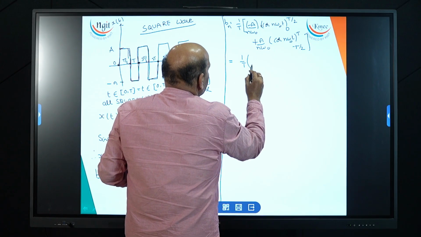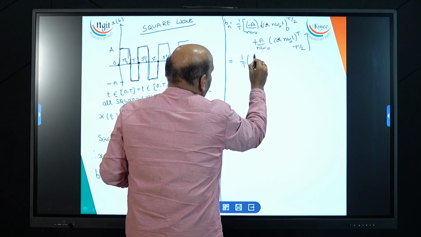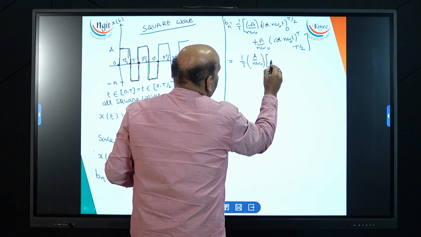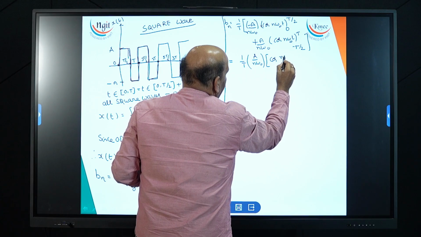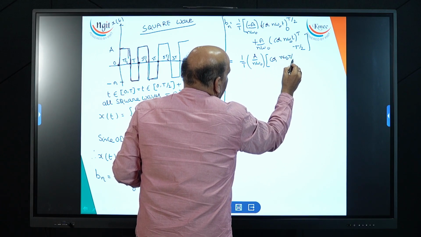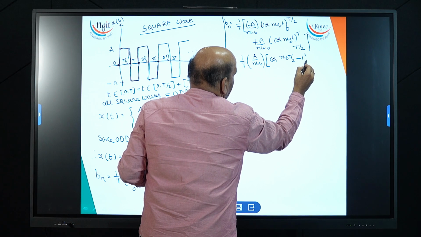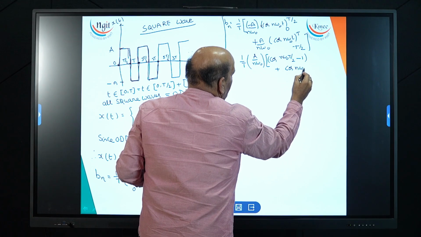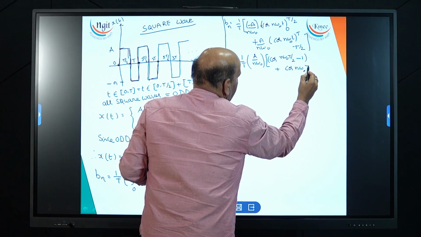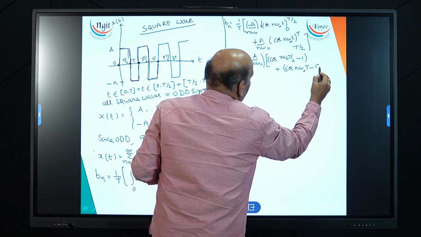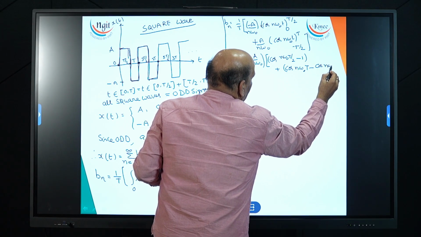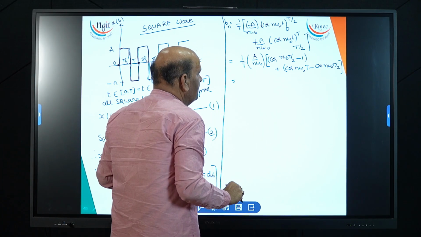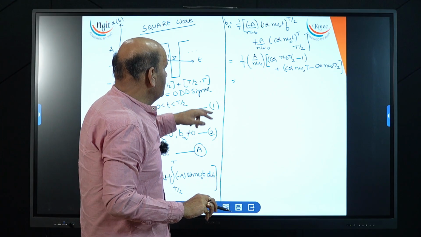Now this one, A by n omega naught, is also constant. This will become cos n omega naught T by 2 minus cos 0, equal to 1, plus cos n omega naught T minus cos n omega naught T by 2. Now this will become what?